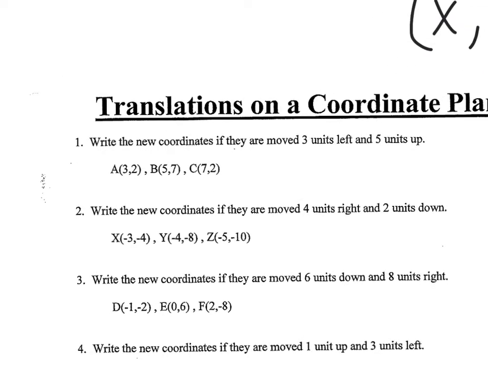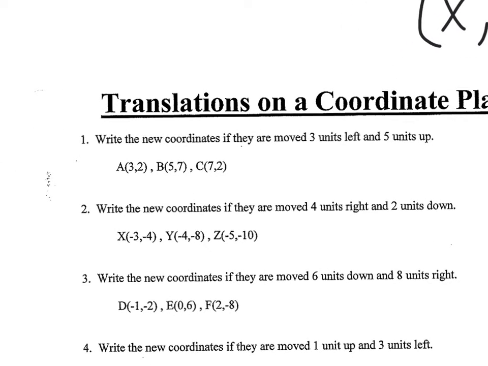So like on number 1, write new coordinates if they are moved 3 units to the left. So that's talking about my x value because left would be on the x-axis. And if we go to the left, that's negative. So that would be minus 3 is how I would write that. And if we go up, that's the y-axis. So they put those in the correct order. And if we go up, that's adding.